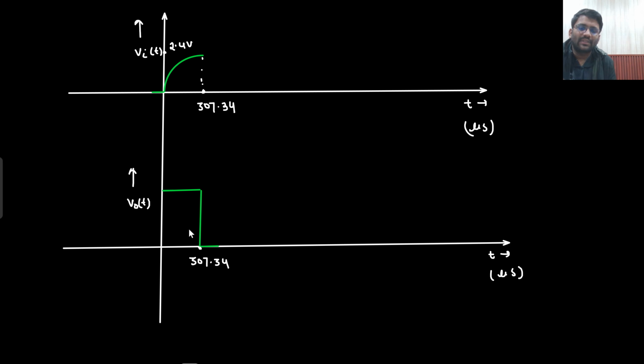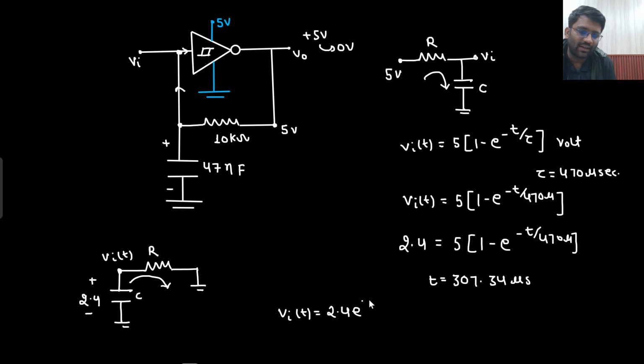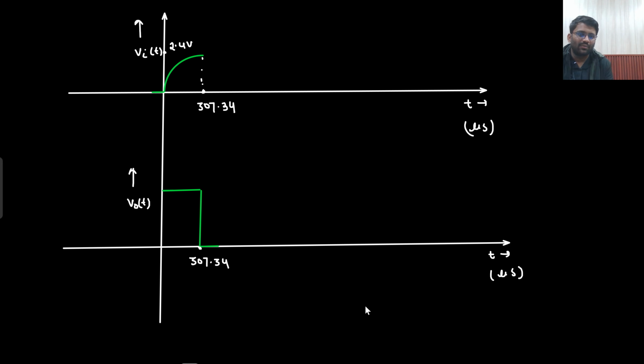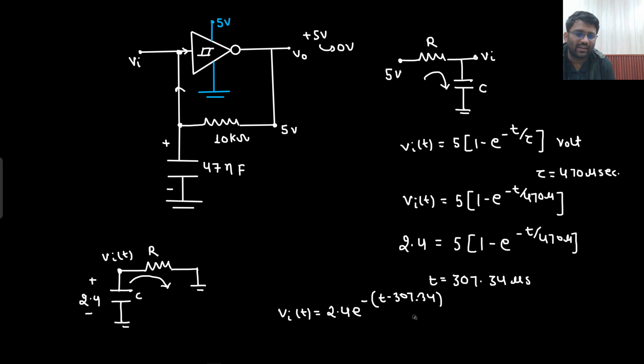Although it will be starting from 307.34 microseconds, ideally you should write the equation as e to the power minus (t minus 307.34) divided by tau. But I am ignoring this particular part. I don't need to care about it. I am just considering this as my t equals 0 now. So I am simply writing that the capacitor will discharge now, in this manner.